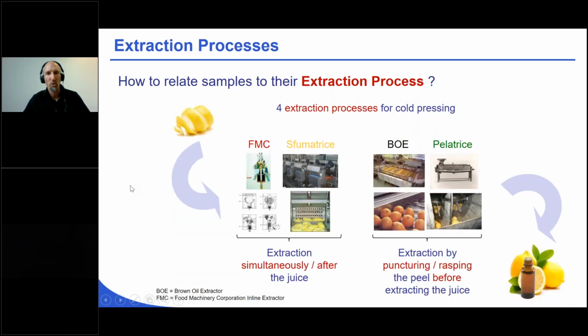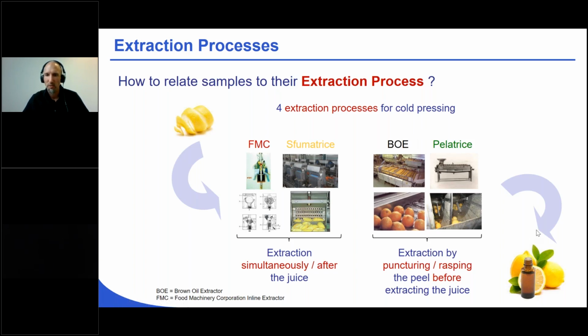And they also wanted to get more information about the influence of the different extraction processes that are involved in this cold pressing of lemon oil. And they distinguish different processes with the FMC, sfumatrice, BOE, and pelatrice.